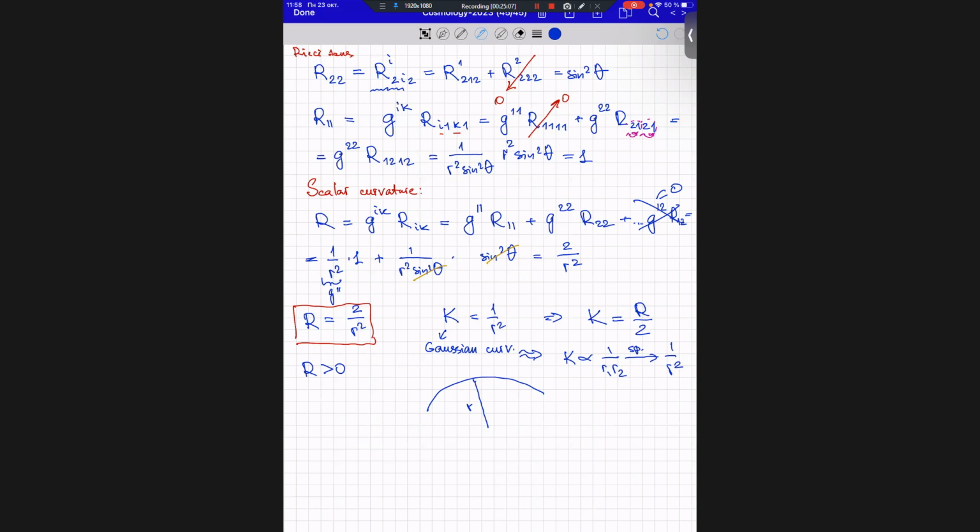We also can understand that if we consider r tending to infinity, the curvature tends to 0, and in the limiting case we have a flat space.